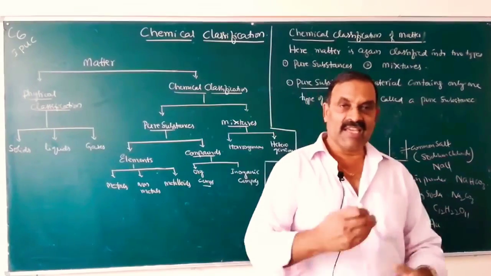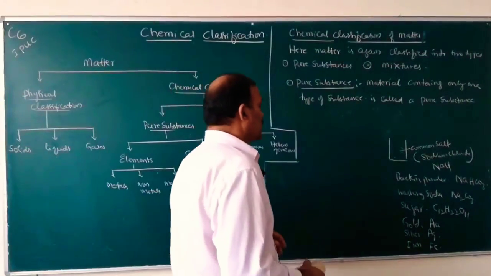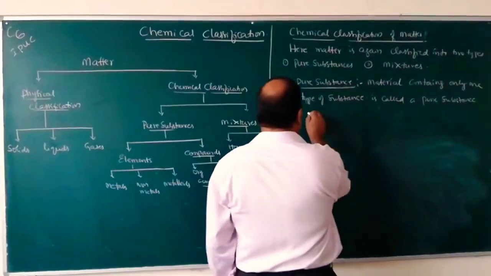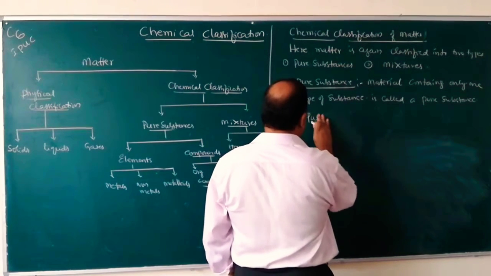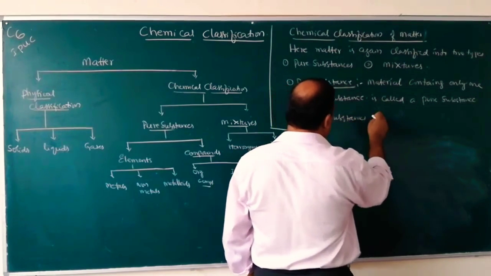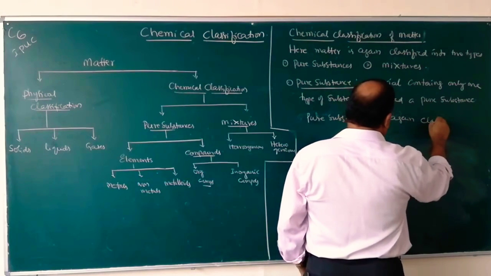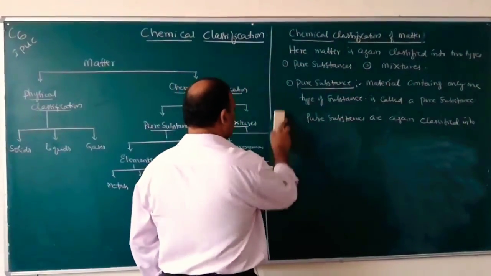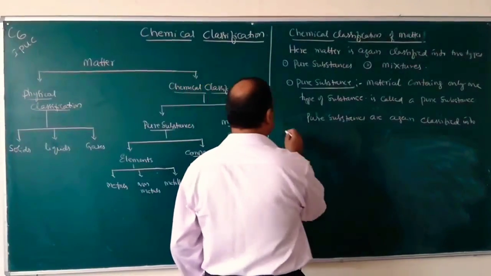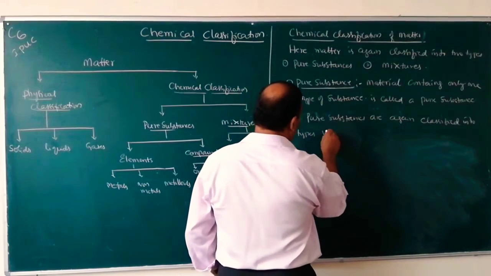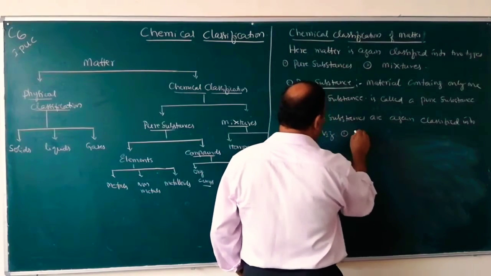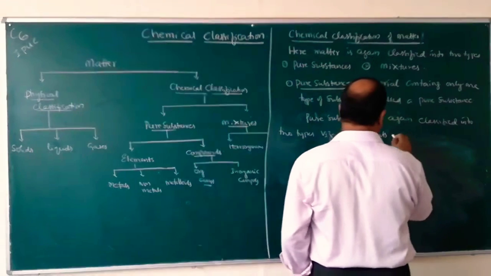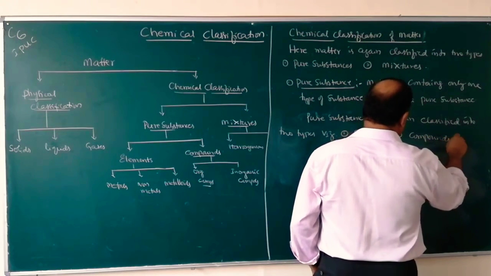In pure substances, again there are two types, elements and compounds. Write down: pure substances are again classified into two types, namely elements and number two, compounds.